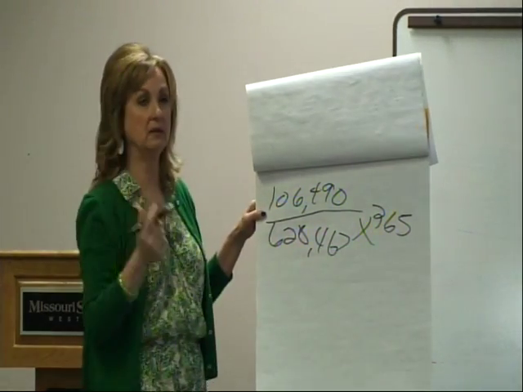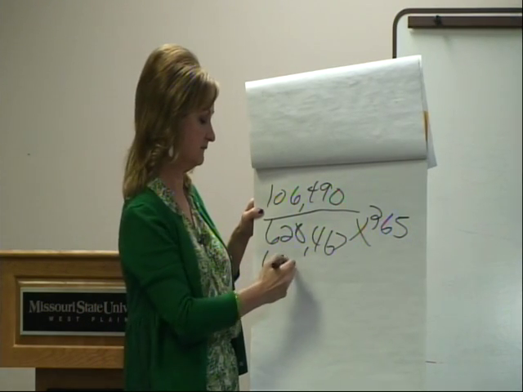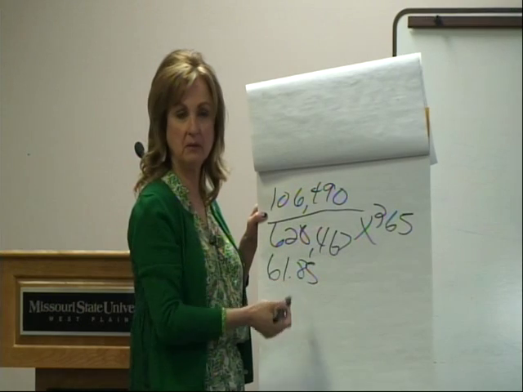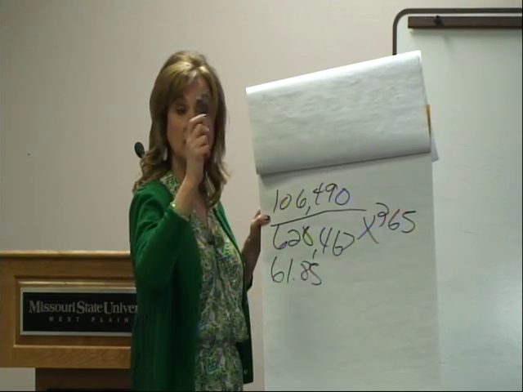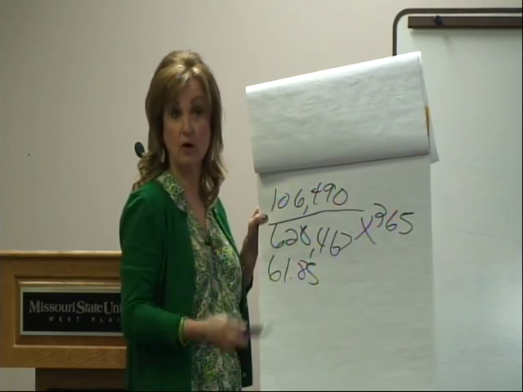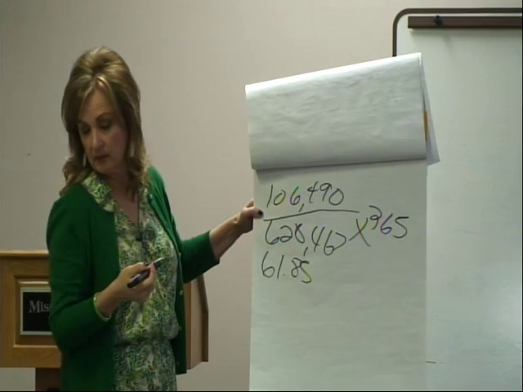How quickly are they paying me? Not very, right? 61.85. So they're paying me in about 62 days. It's a long time, over 2-month cycles. It's taking them that long on average.